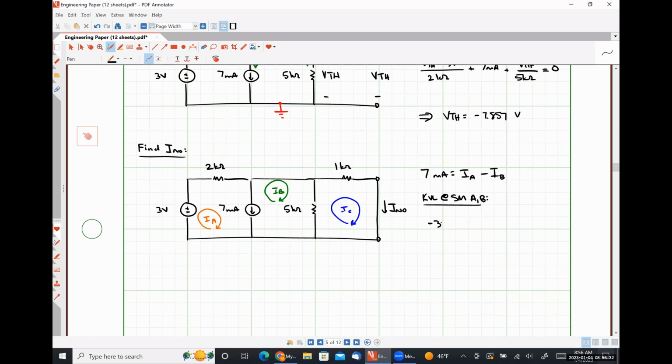is going to be -3 volts plus 2 kilo ohms IA plus 5 kilo ohms (IB - IC).